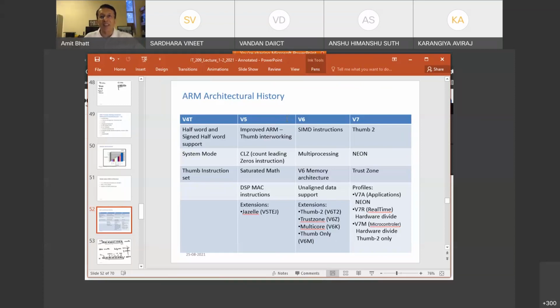We want this kind of instruction because now there are a lot of media instructions and we don't want to write a big program for this very commonly used task. Just give us one single instruction. So those things were done. And now you will see the bloat in the number of instructions: from 56 instructions, now there are 600 plus instructions. This is an interesting thing to know.